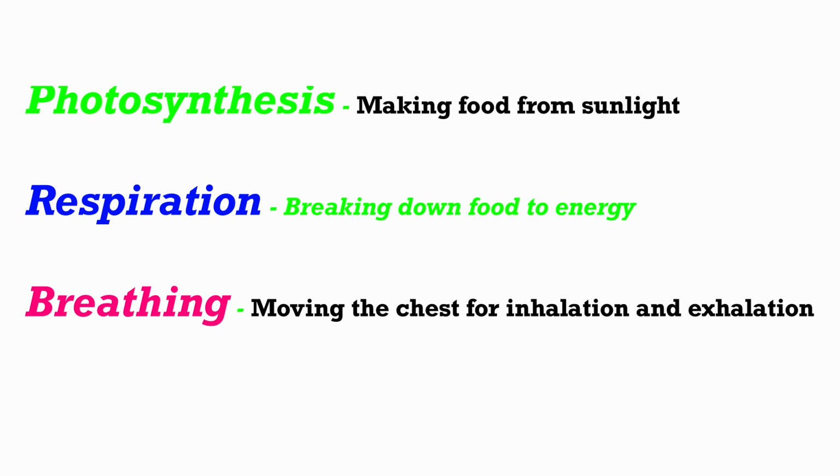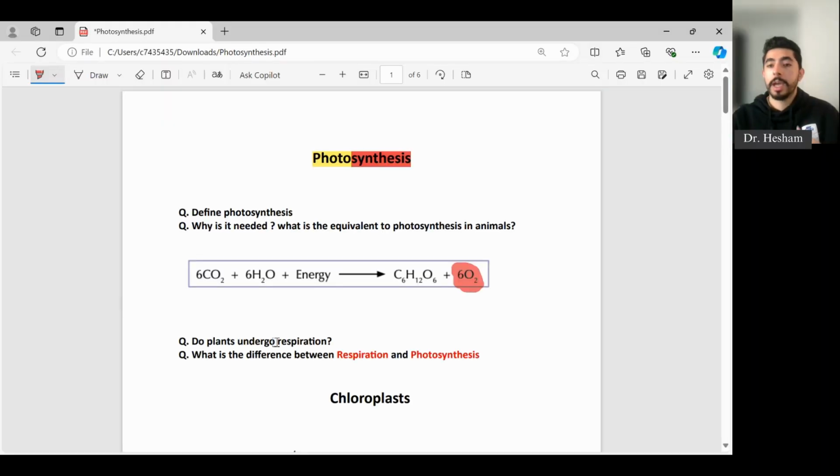You want to break it down to release energy in order to use this energy in other things, such as movement, thinking, digestion, and active transport. All these metabolic processes require energy. And respiration is the process by which cells break down glucose to provide energy for other metabolic processes.